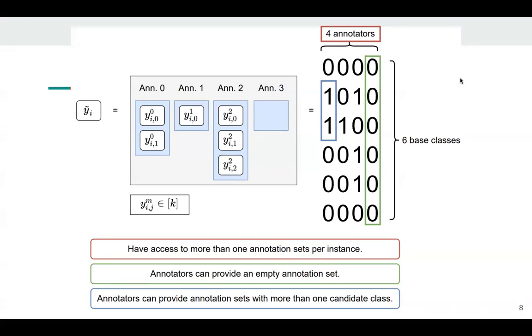The annotators can provide an empty set, as shown by the last annotator, which corresponds to the all zero vector. Lastly, annotators can provide more than one candidate classes, as illustrated by the first and third annotators. Soft labels are not discussed on this example for purposes of simplicity.